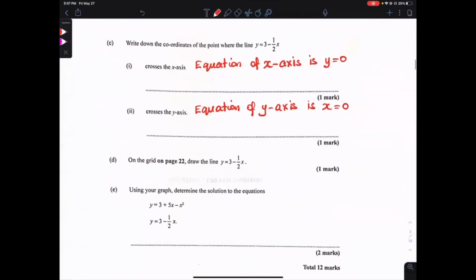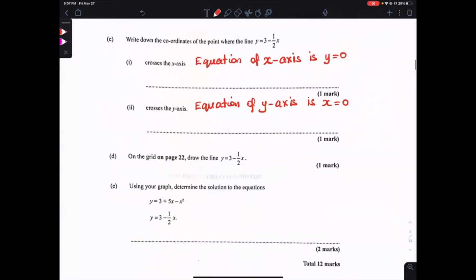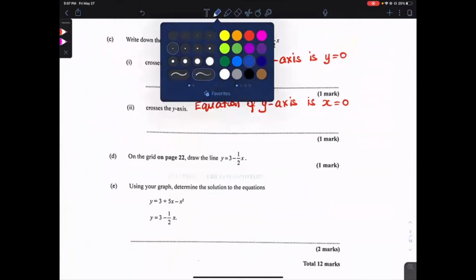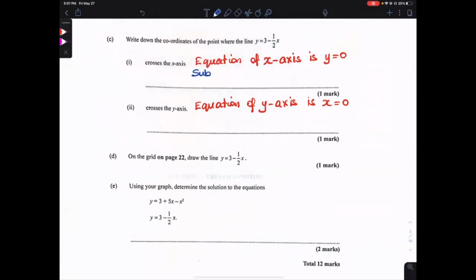So write down the coordinates of the point where this line crosses the x-axis. You need to just substitute y equals 0. So the equation is 0 equals 3 minus a half x. We need to solve for x. So if I move this across, a half x is equal to 3. X is 3 divided by a half. Work it out.